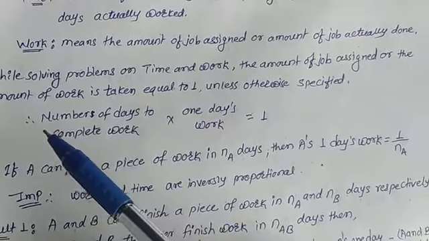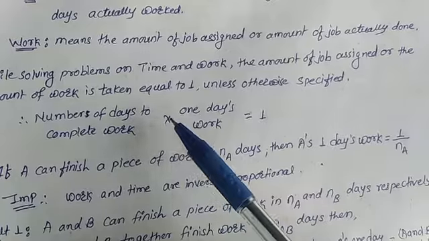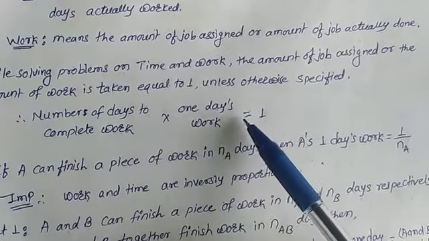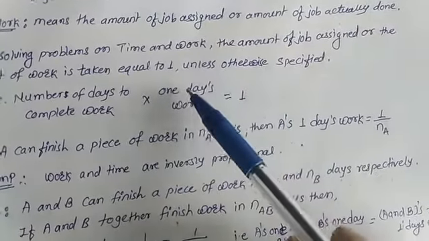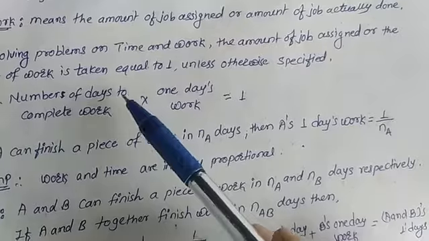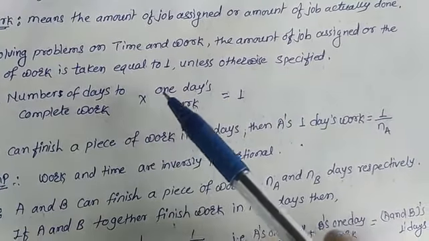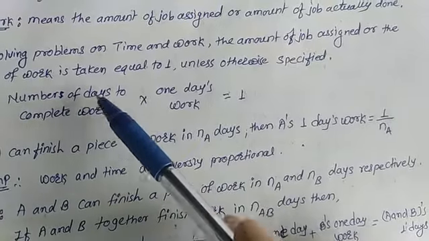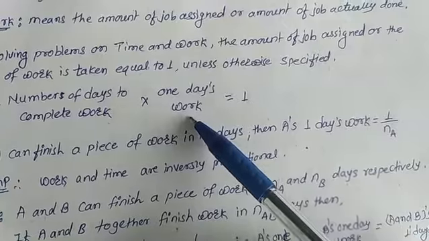Number of days to complete a work multiplied by 1 day's work is equal to 1. So 1 day's work is equal to 1 upon the number of days to complete the work, or the number of days to complete the work is equal to 1 upon 1 day's work.